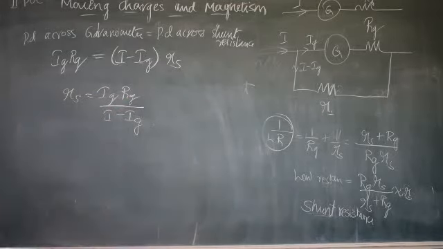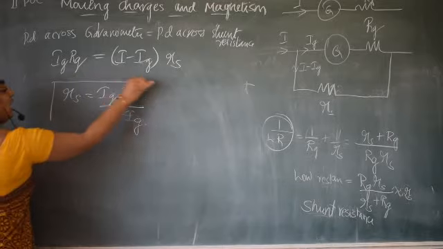This is the expression to calculate the shunt resistance to convert the galvanometer into an ammeter.